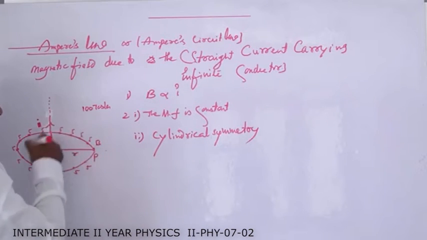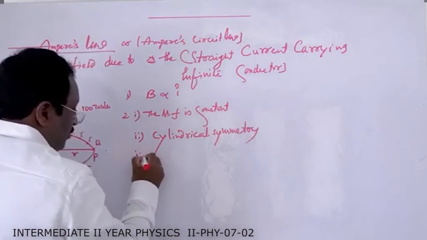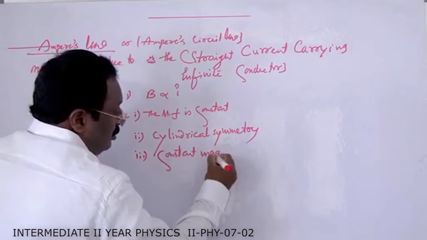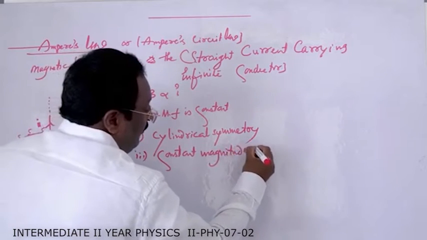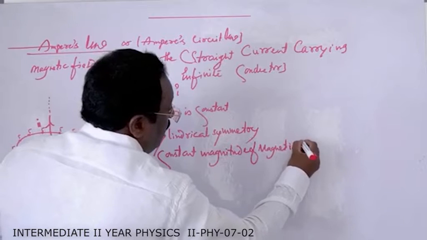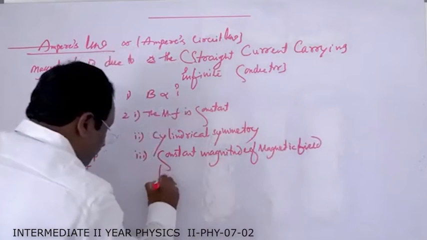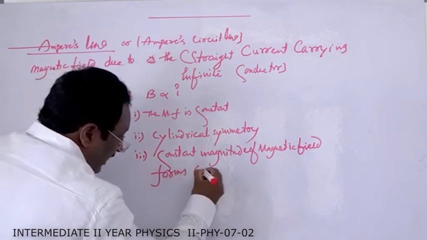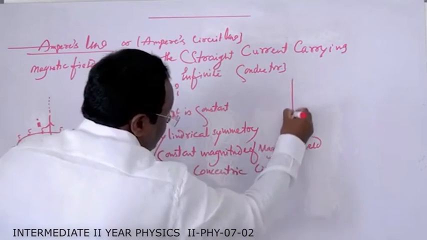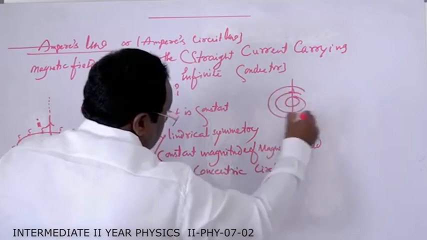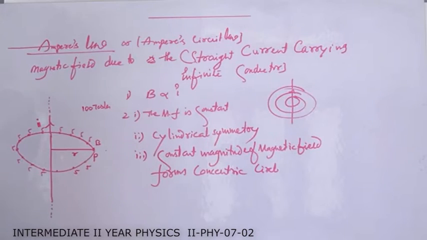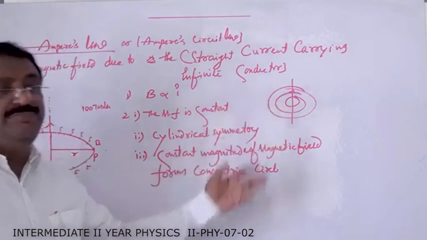If you take another radius, this constant magnitude of magnetic induction, or magnetic field, forms concentric circles like this. On every circular loop, the field is constant at each and every point. From one loop to another loop, the field will change.